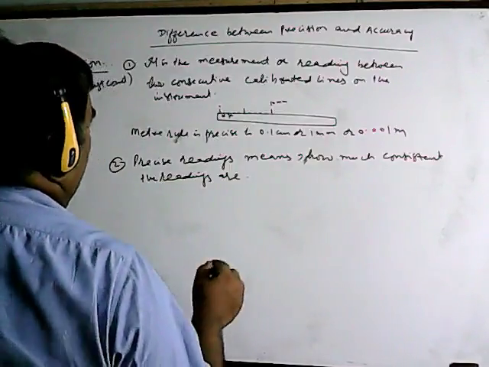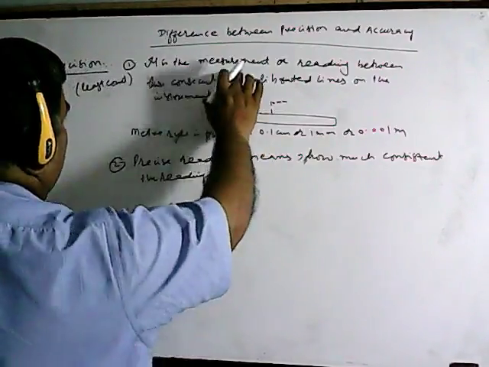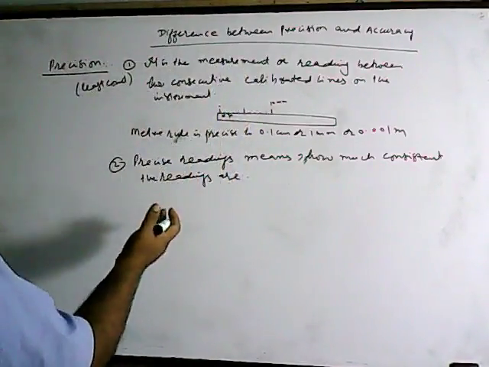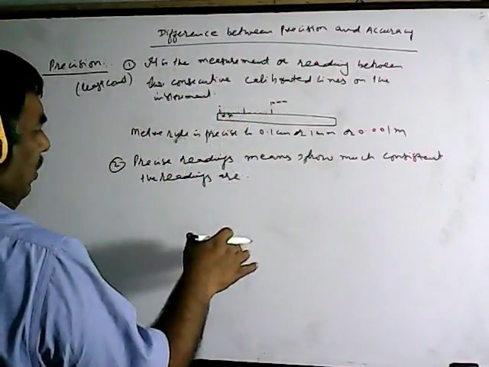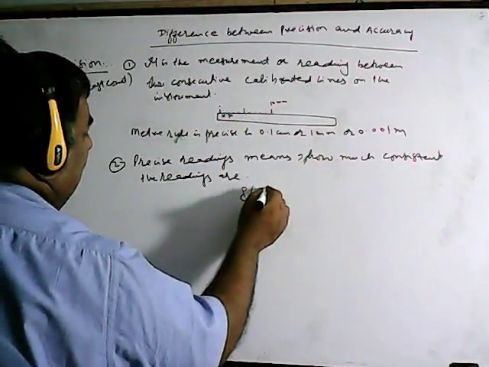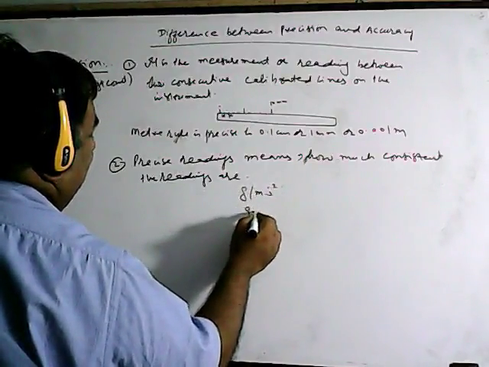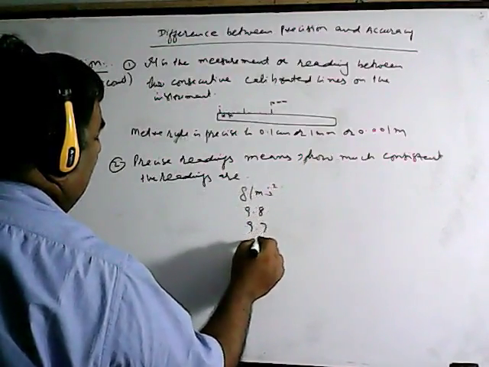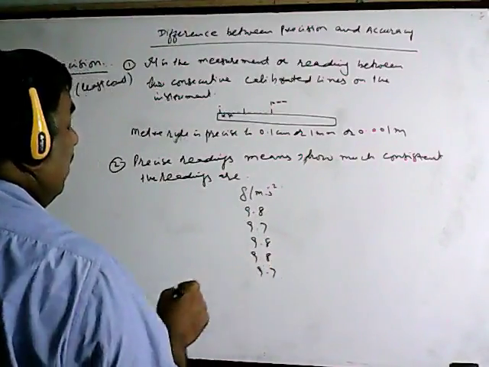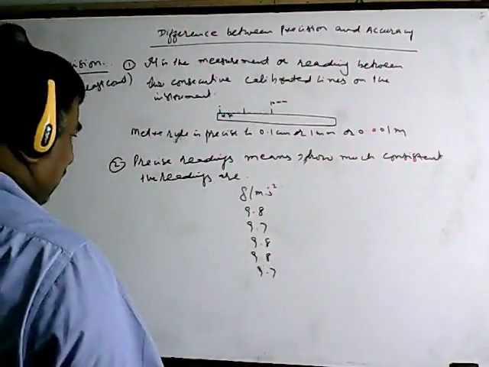So precision is used in two ways: first, with respect to the instrument, and second, with respect to the readings. For example, if the values of g in meters per second squared are 9.8, 9.7, 9.8, 9.8, 9.7, they are precise since they are close.